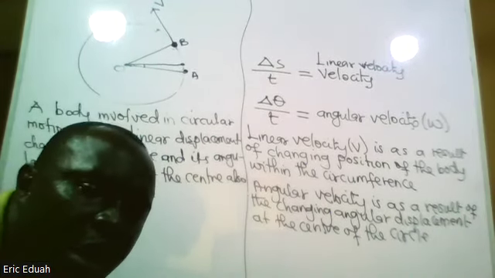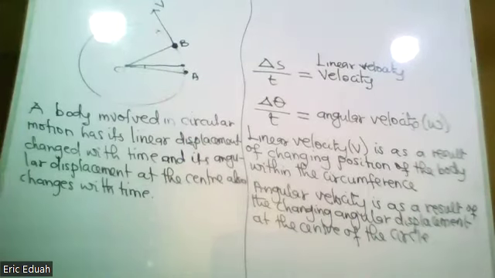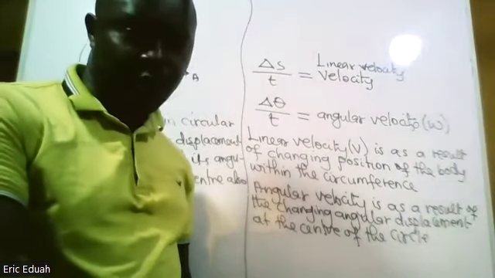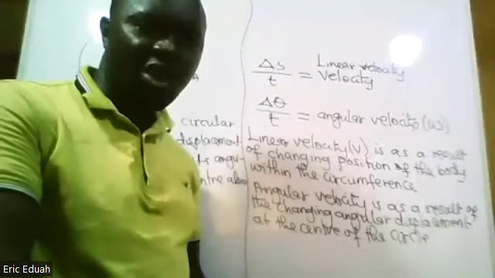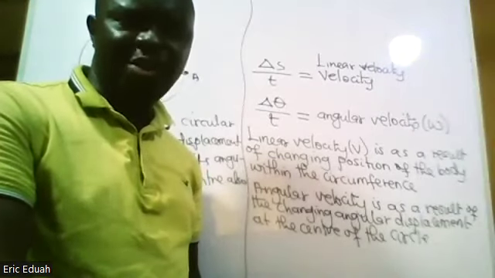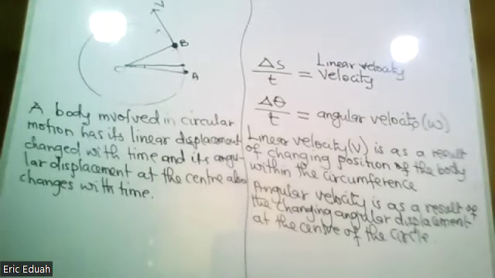Lizzie, over to you. Lizzie, what is angular velocity omega? Lizzie? Oh, is Lizzie gone? I'm frozen. Yes, please, I'm here. Lizzie, in your own way, what do you understand by angular velocity of a body in circular motion?